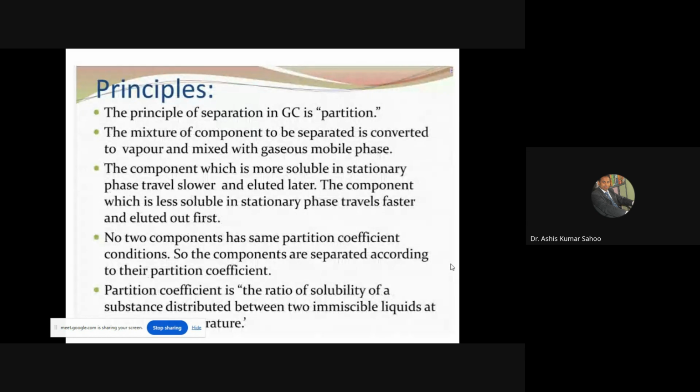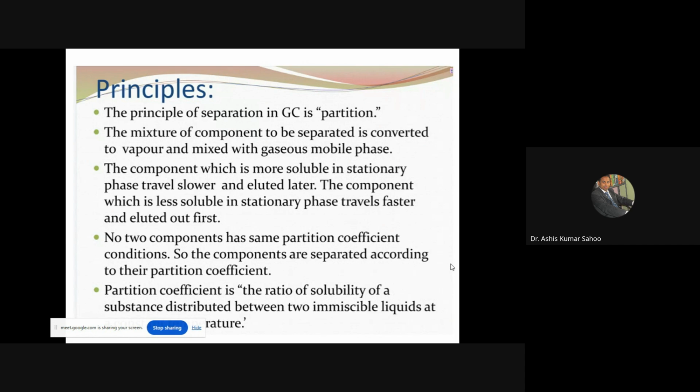The principle of separation in gas chromatography is partition. The mixture of components to be separated is converted to vapor and mixed with the gaseous mobile phase.